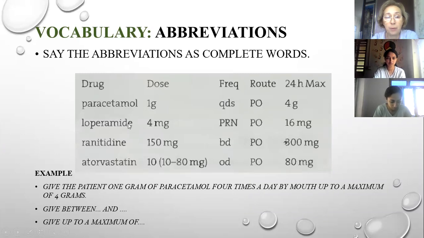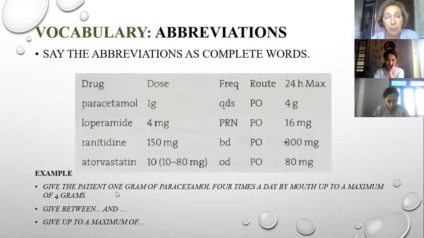They are paracetamol, loperamide, ranitidine, atorvastatin, and so then there is a column with dose, then the column frequency, route, and maximum dose for a day per 24 hours.